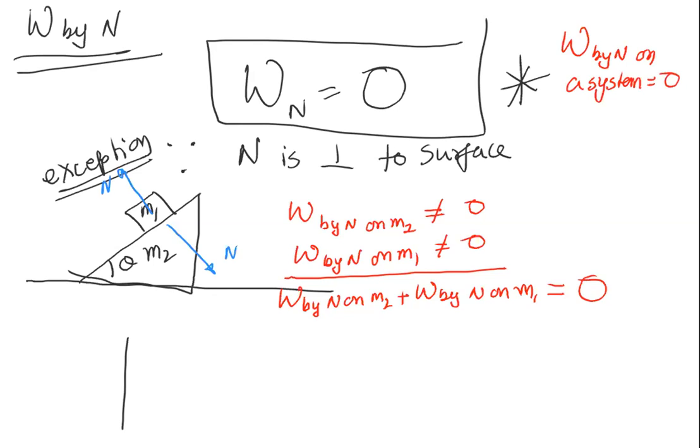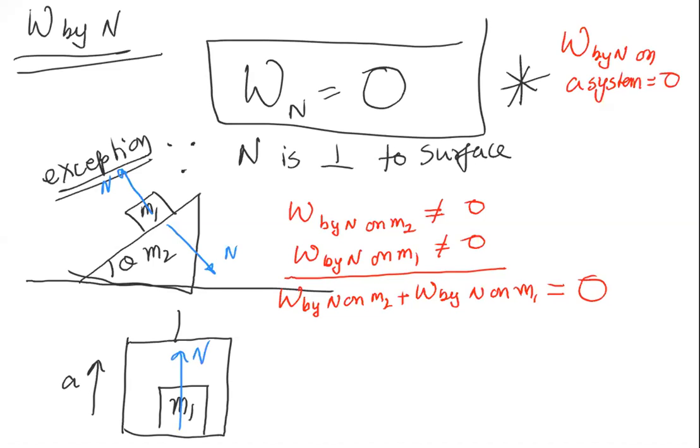दूसरा, अगर मेरे पास एक लिफ्ट है और ये लिफ्ट ऊपर जा रही है और इस लिफ्ट के अंदर एक बॉक्स है, इसके ऊपर लिफ्ट के सरफेस ने नॉर्मल रिएक्शन लगाया. वर्क डन बाय नॉर्मल रिएक्शन ऑन M1 is not equal to zero.